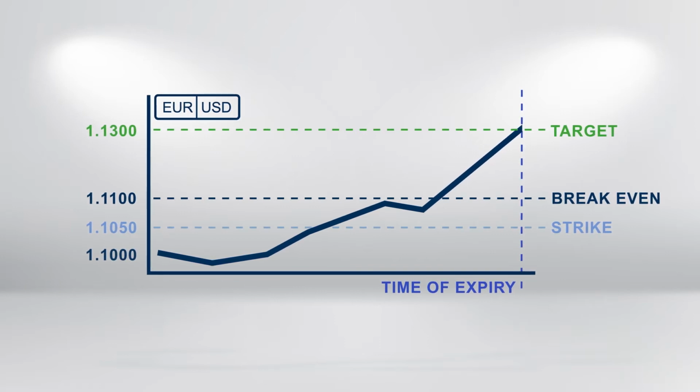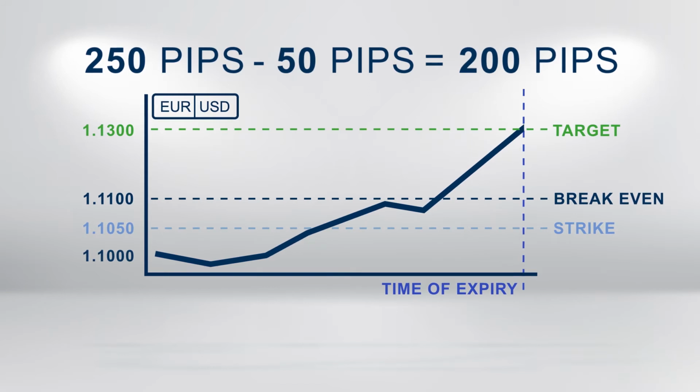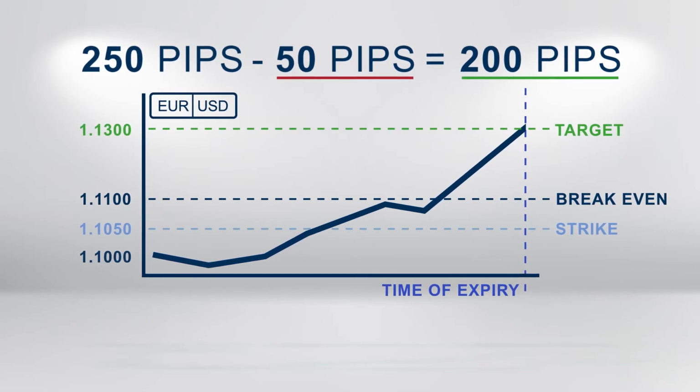This will give us a profit of 250 pips on the option, minus the 50 pips we paid in premium, so 200 pips. So investing in euro-dollar via FX options guaranteed a maximum loss of 50 pips, but had a potentially unlimited upside.